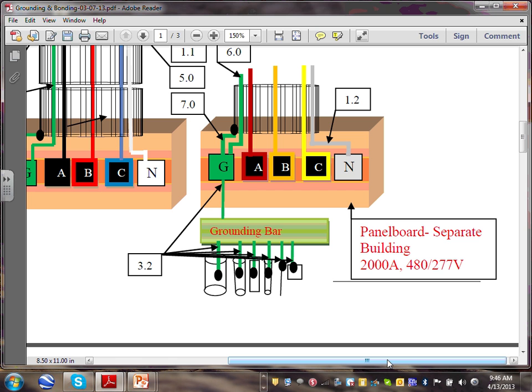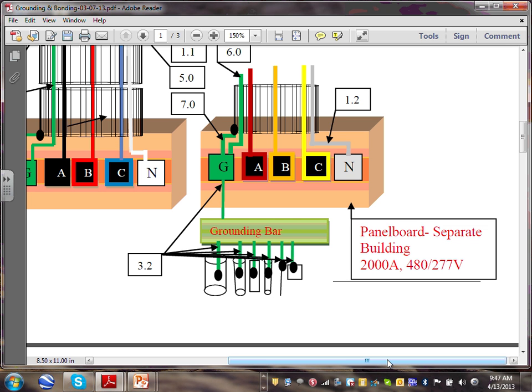So when you have a 3-phase system, you end up with 5 conductors inside your PVC conduit. You have 3-phase and a neutral and an equipment grounding conductor. If you're feeding with cable, it's a 5-conductor cable, including the equipment ground conductor.